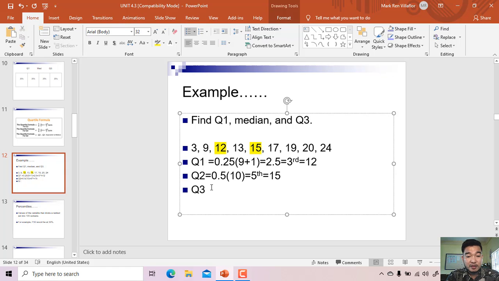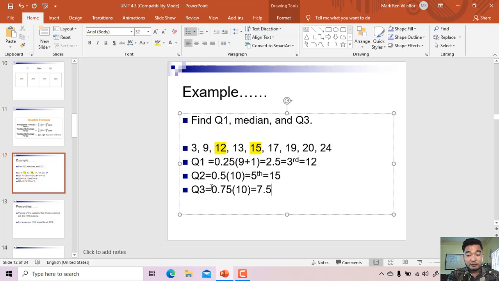Then we solve for the third quartile. Third quartile is 3 over 4. What is 3 over 4 in decimal? That is 0.75 times 10 because that's 9 plus 1, n plus 1, and n is equal to 9. We multiply 10 by 0.75 is equal to 7.5.